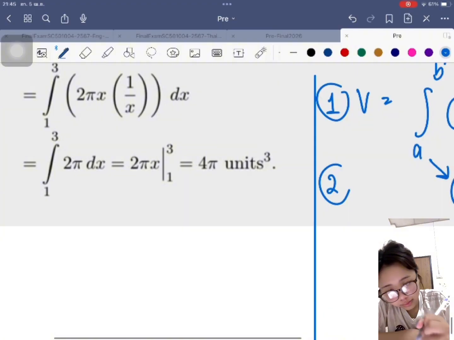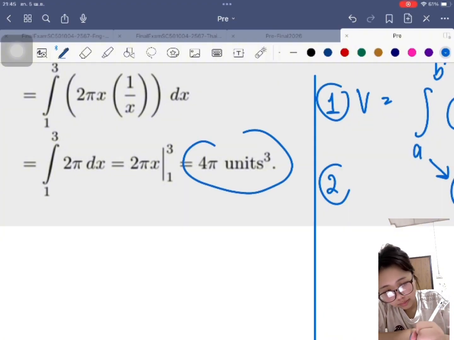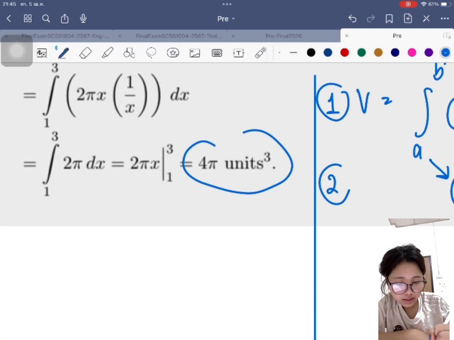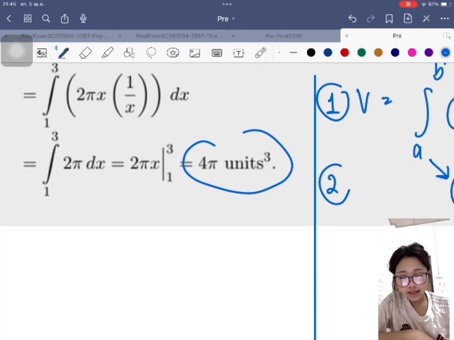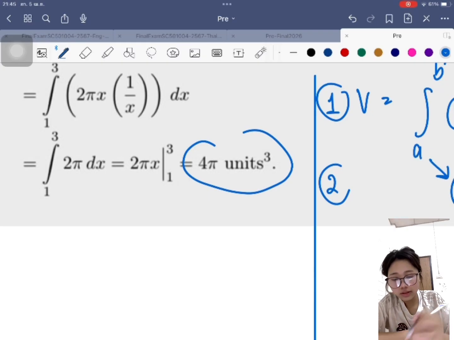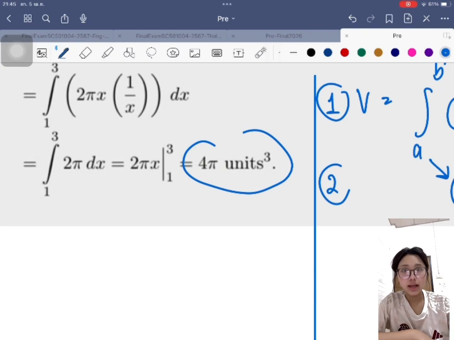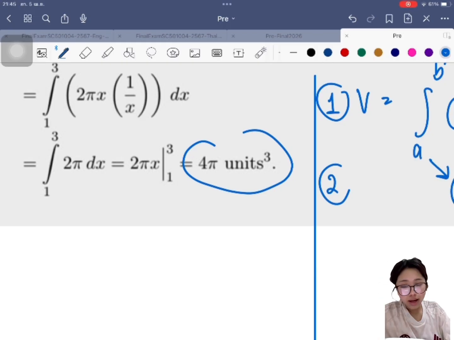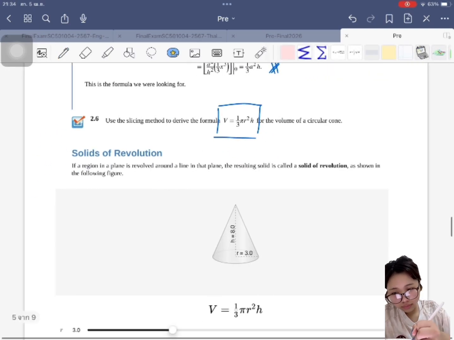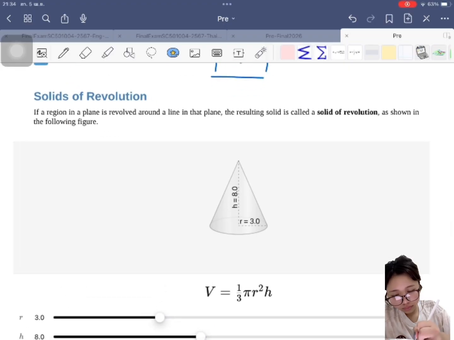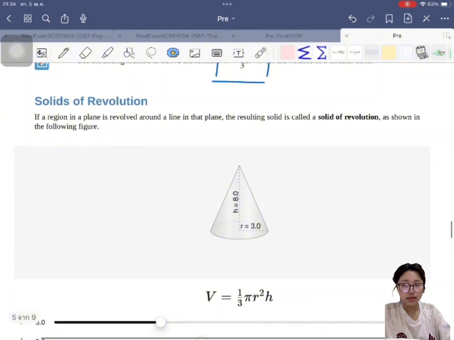V equals the integral from a to b of A(x) dx. And next we find A(x), because we want to put it into the equation. We take pi and square r and y. Pi, no sorry, we put r y equal this, and square.